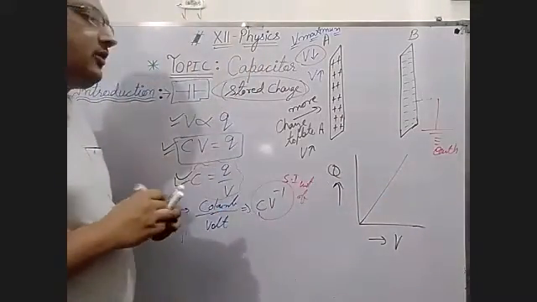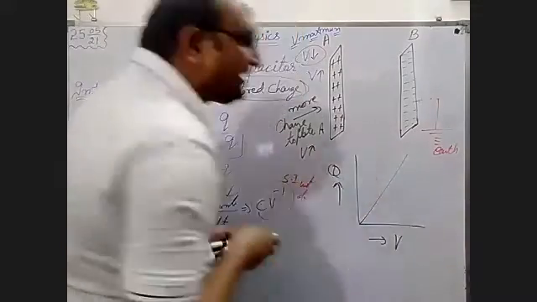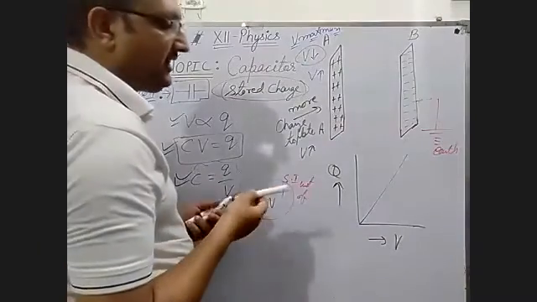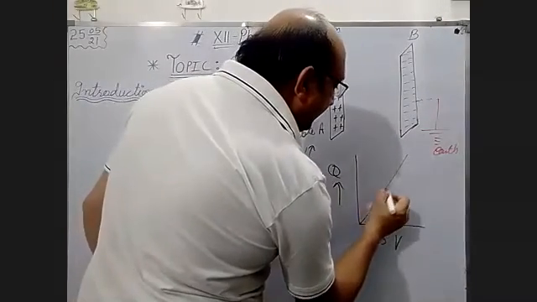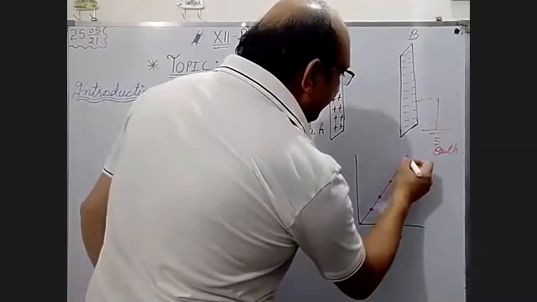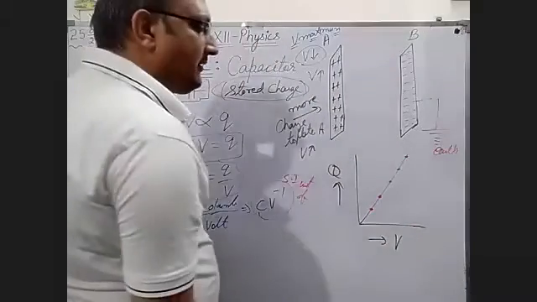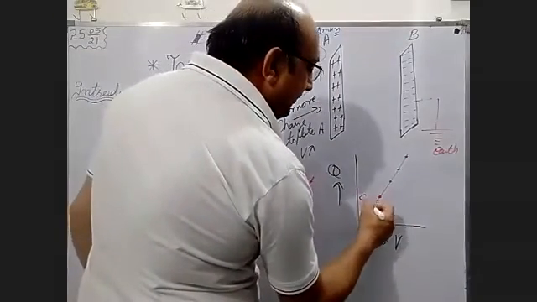Now, what is the meaning of this straight line? Its meaning is that at every point on this line, C has the same value.